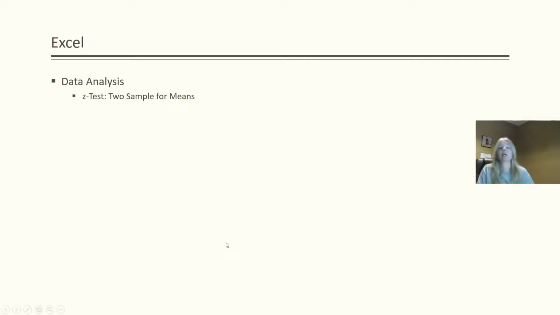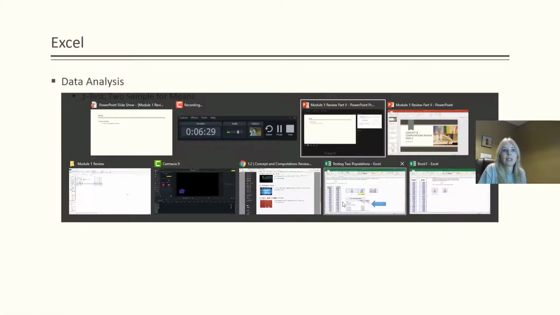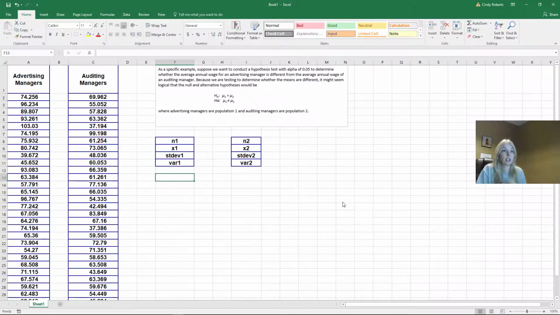Now, hopefully when you took this class, part 1, you set up the data analysis tool. If you do that, it's kind of nice, because then all you really need is the variance, but let's just go ahead and find each one of these values.